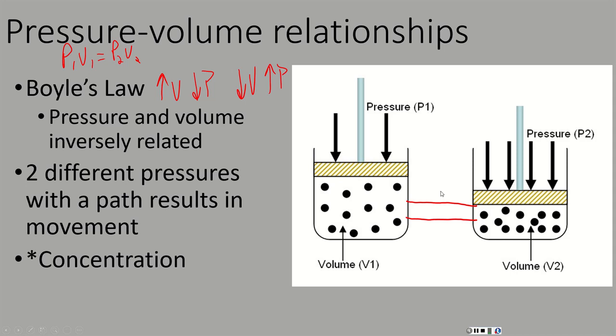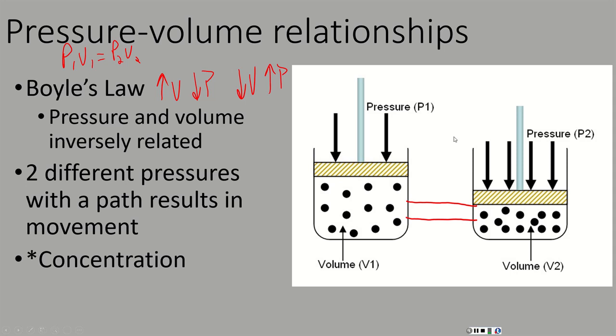When there are two different pressures and there is an available path between them, there will be movement of molecules. I'm going to say that again and try to see if it sounds familiar. When there are two different pressures and an available path between them, there will be movement of molecules.